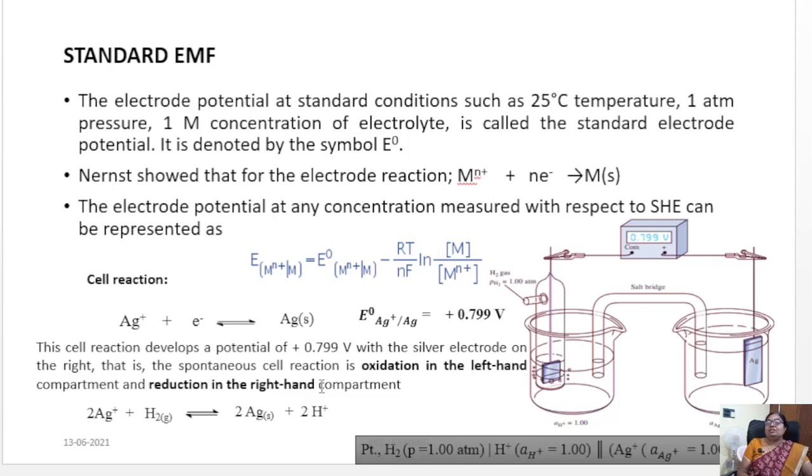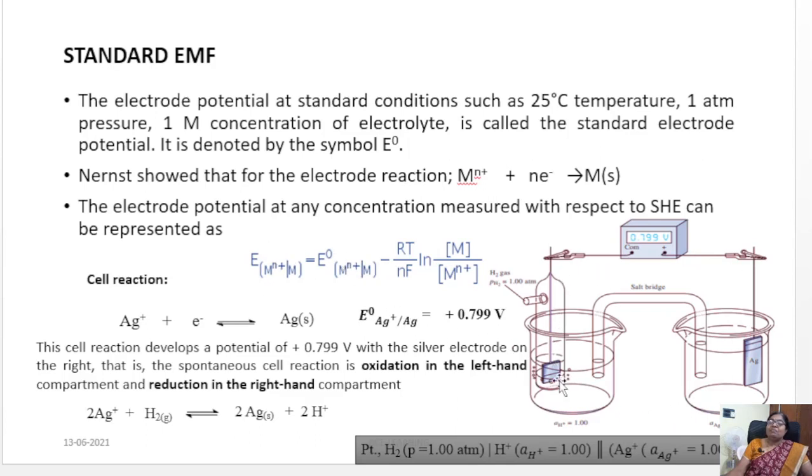SHE means standard hydrogen electrode. Using the Nernst relationship for this experimental condition, a platinum hydrogen electrode on the left side is dipped in 1 molar HCl, and the silver electrode is dipped in 1 molar AgNO3.